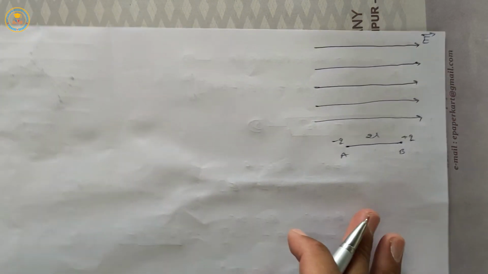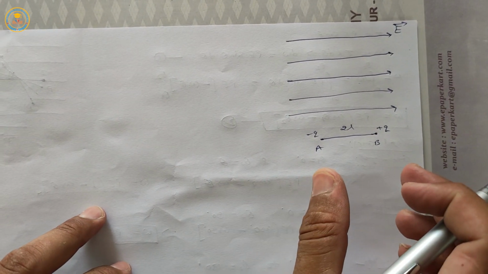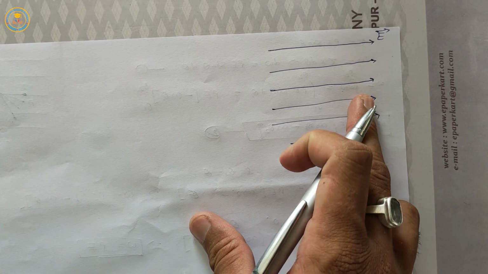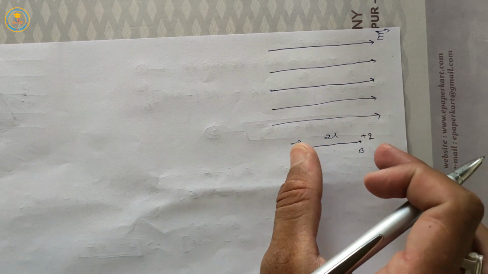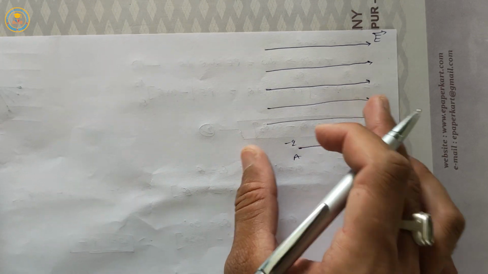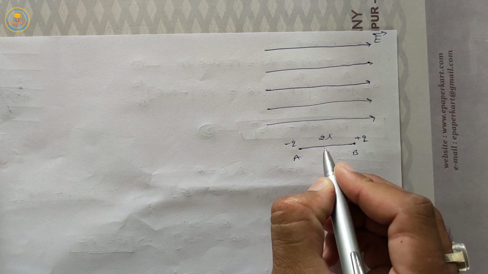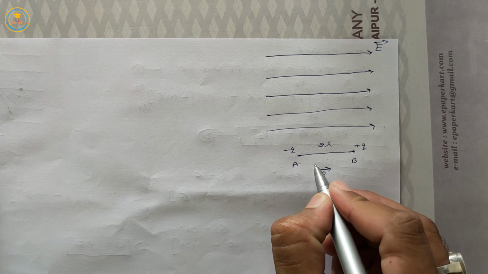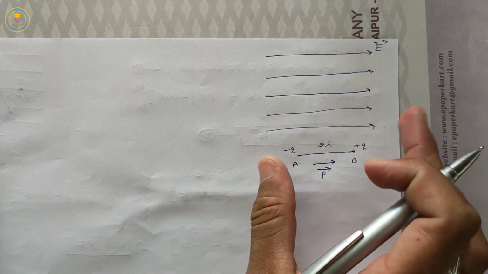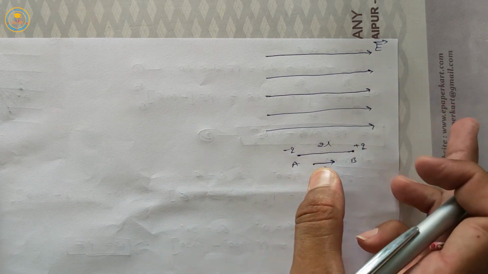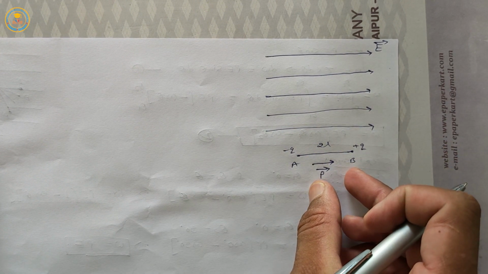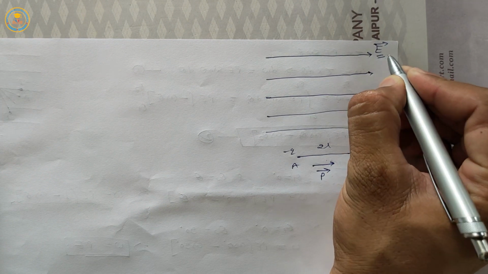Suppose the electric dipole AB is brought into this electric field from infinity in such a way that the direction of the electric dipole, which we know is from negative charge to positive charge, meaning A to B, and the direction of the electric field remain the same.